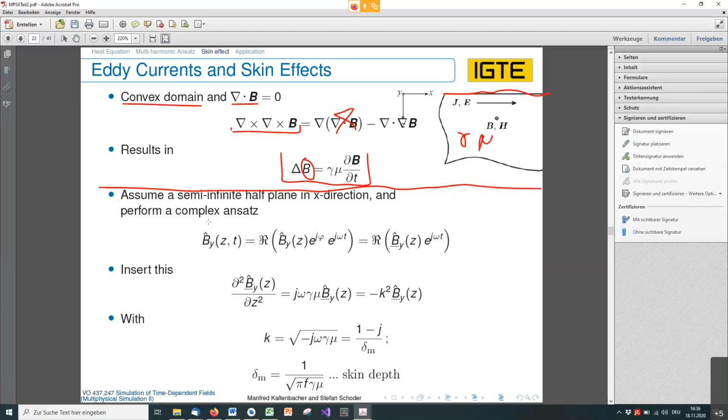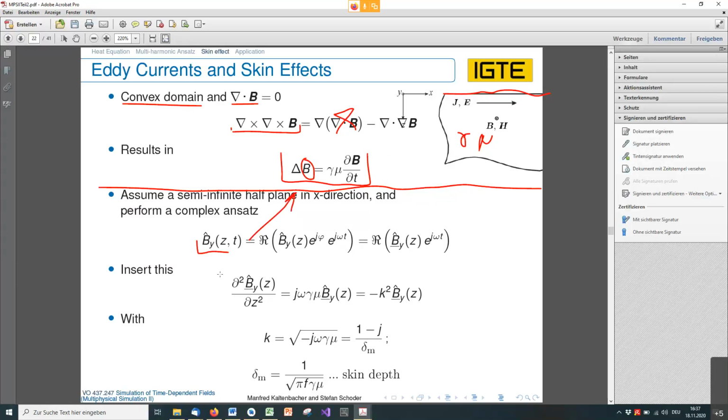Then we do an ansatz for the flux density in y direction, and do the Fourier transform of it. So here's a complex ansatz for that.